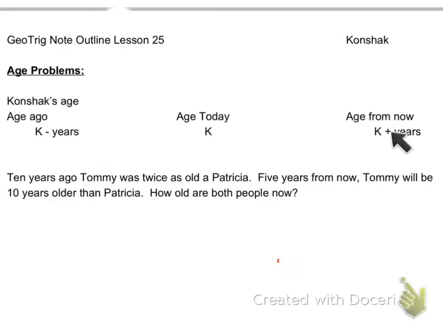Now here's the thing. You may be today twice as old as your brother or sister, or your niece or nephew, or some cousin, right? But you will not always be twice as old as them. Because, say you're 16 now, that makes them 8. And as soon as they turn 9, you would have to be 18.